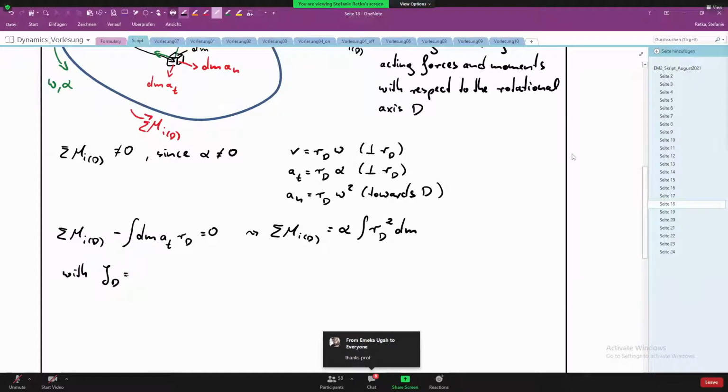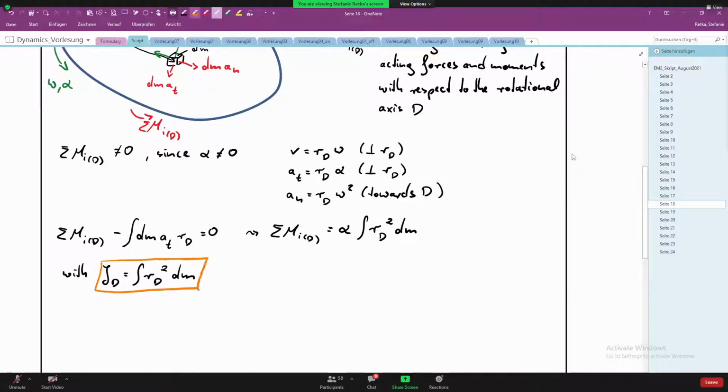Okay, so what we stated last week was that J_D is equal to the integral of r squared dm, integration of the square of the radius over the mass. And I'll state it here again. This is our mass moment of inertia.